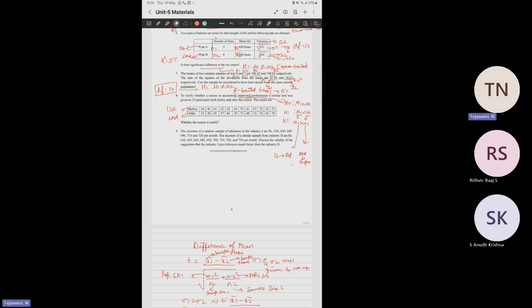Since we are taking the first sample to be before and the second sample to be after, it will be like this. One-tailed, and since mu1 is less than mu2, it will be a left tail.